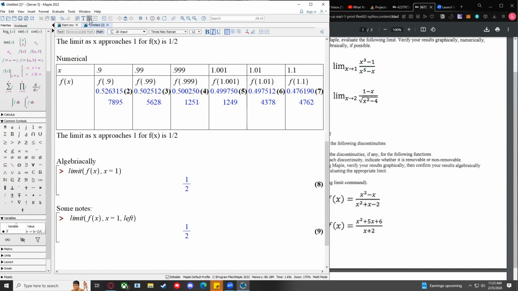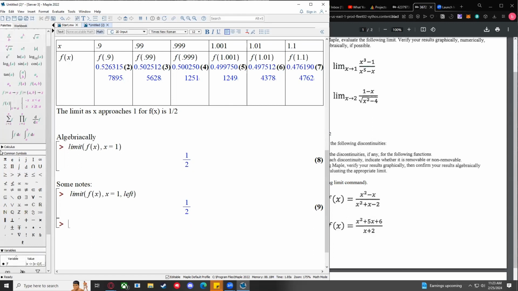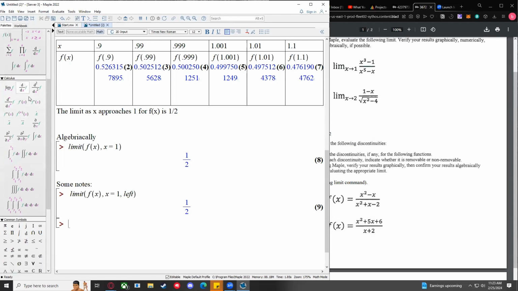And one other note in the notes section here. There's another way of doing limits using these helper functions, I guess you would call them, here on the left. You can click on this thing that says lim x approaches a for f and fill it out. So in this case, I want my limit as x approaches 1.